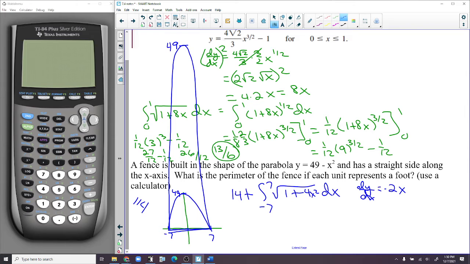Seems to be reasonable. 14 plus, math number 9, -7 to 7, square root of 1 plus 4x squared dx.